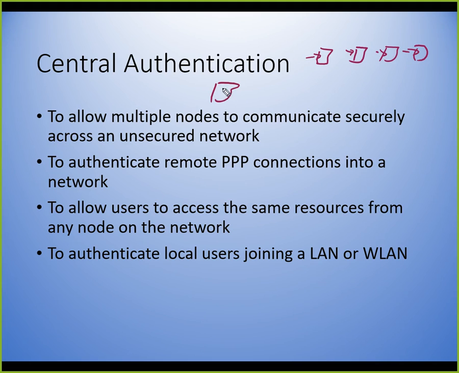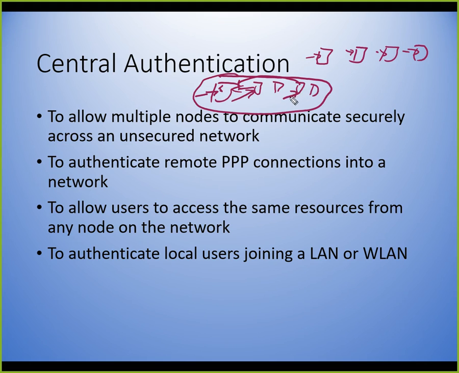If I'm in a domain and I have a server here, and these guys are all members of this domain, and we'll draw a circle around it, I authenticate to the authentication server, and then when I go to get a resource, it checks with the authentication server and says it's okay. I go to another one to get a resource, checks with the authentication server, it says it's okay.